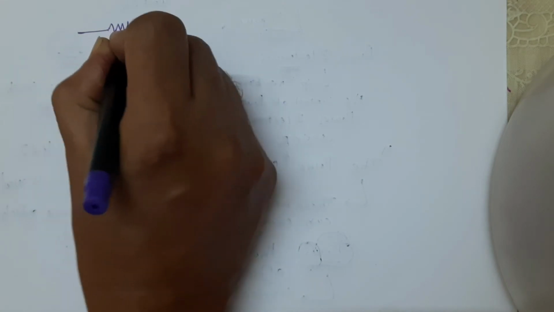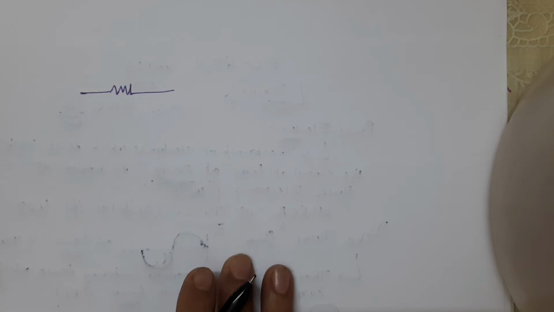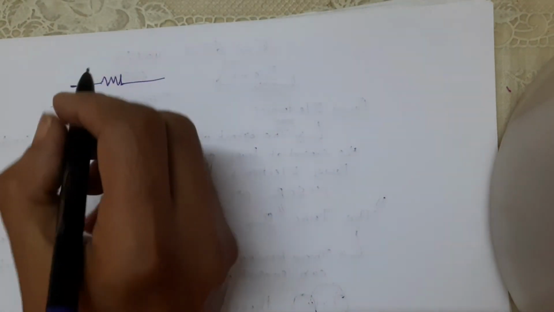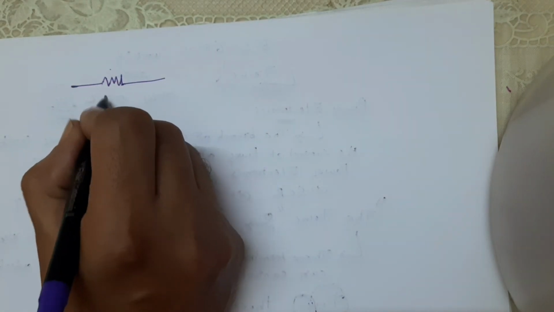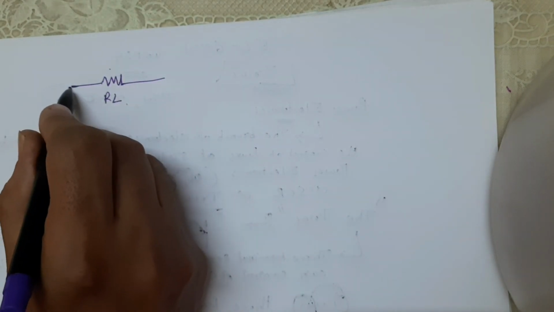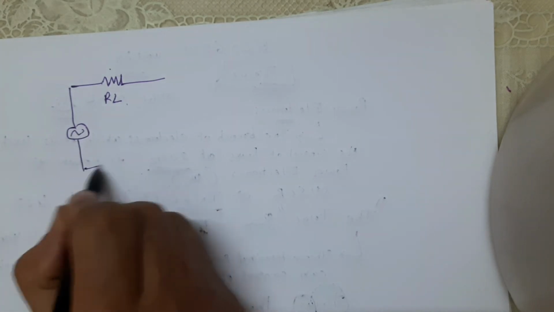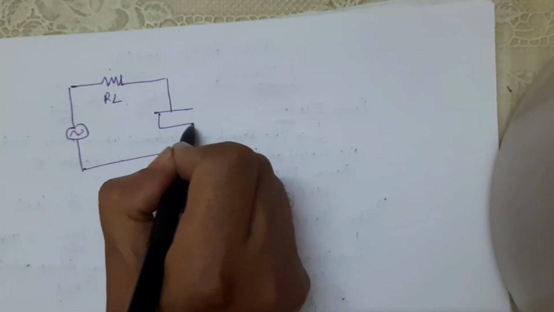This is your load resistance RL, AC source, and this is your triac terminal.